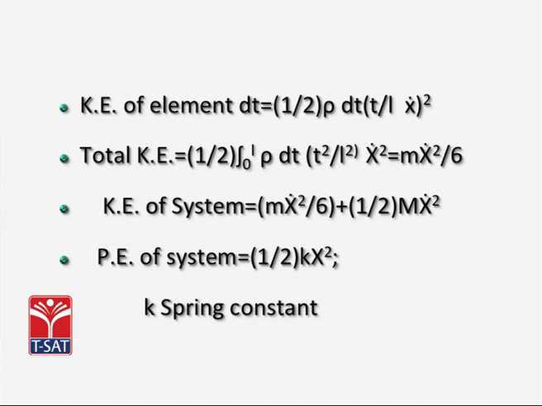Now, the kinetic energy of the system is equal to m x dot square divided by 6 plus half capital M x dot square. Potential energy of the system is dependent on distance and the force constant or spring constant, that is equal to half k x square, where k is the spring constant.